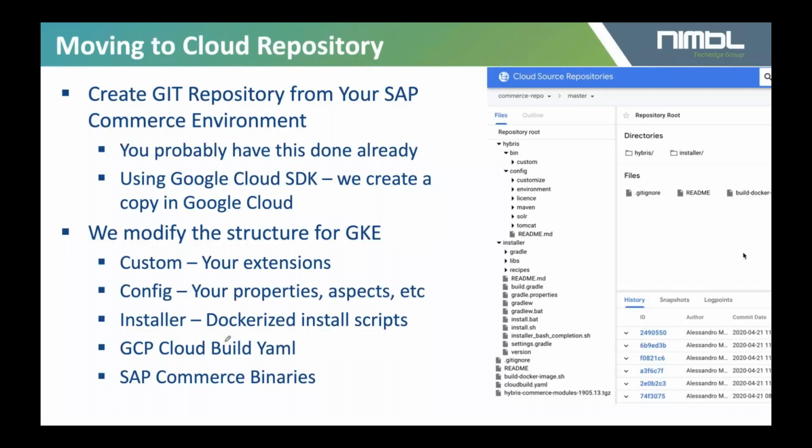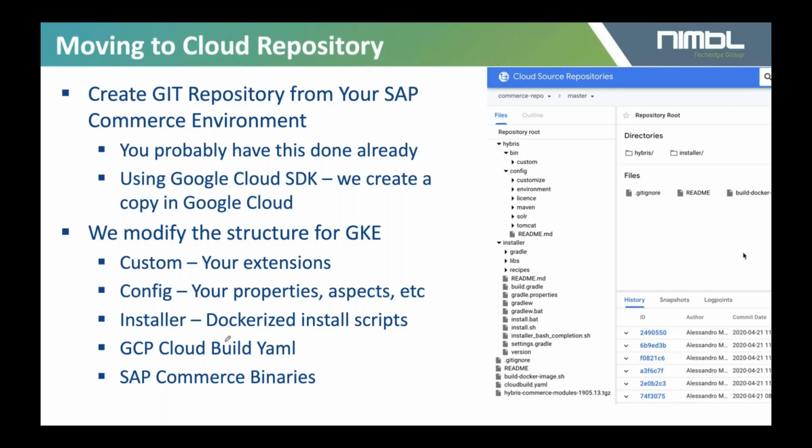Now, obviously the next question that everybody asks us is, well, how do I do this, right? What do I do? Well, what we first do is, more than likely, you already have a Git repository for your SAP Commerce, SAP Hybris environment. And what we need to do is take that Git repository and move it to a GCP repository. And once it's inside GCP's repository, we're going to do some modifications. We're going to restructure it. We're going to make sure all of your extensions and customizations are in the custom folder under Hybris bin. We're going to modify the config to make sure it has all of your properties and aspects that you utilize in your Hybris environment.